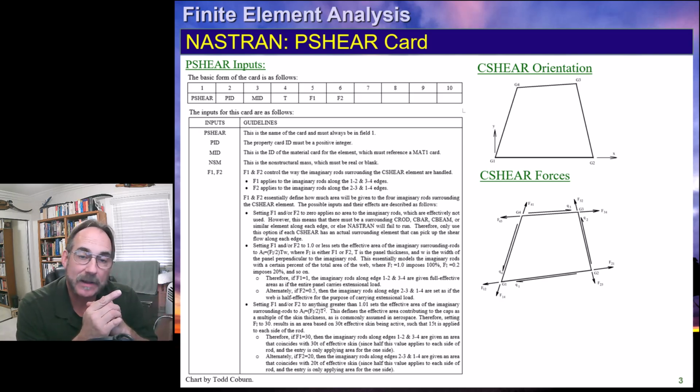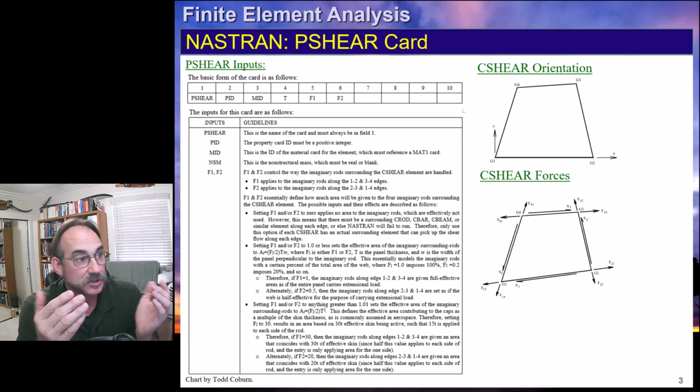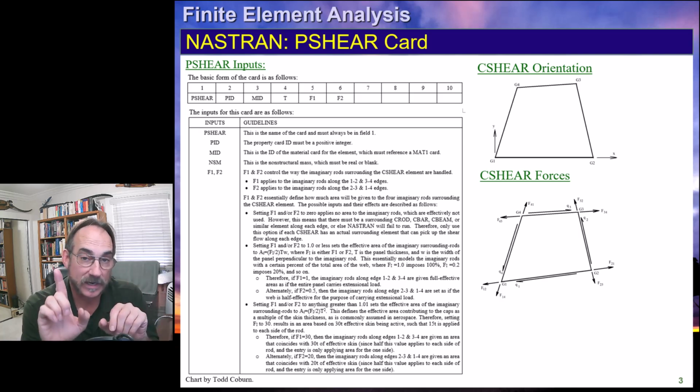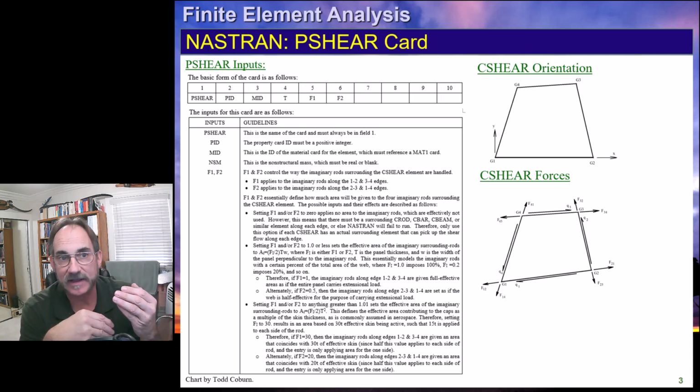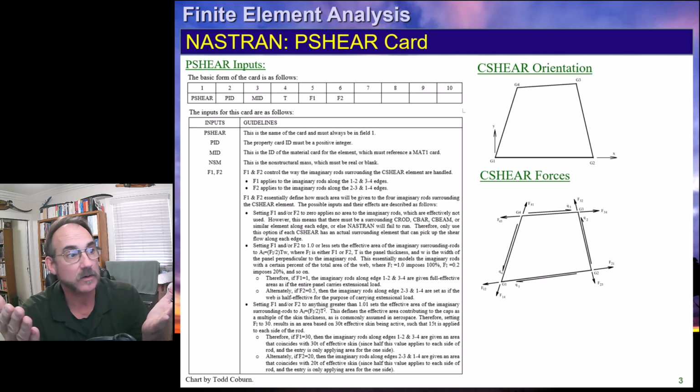Now, if that F parameter is less than or equal to 1, what it does is make that like a percentage. So if F1 and F2 are 1.0, that means you have 100% effective width of skin, and it's going to actually use the area of half of the width of the panel in the same manner that a C-quad would.